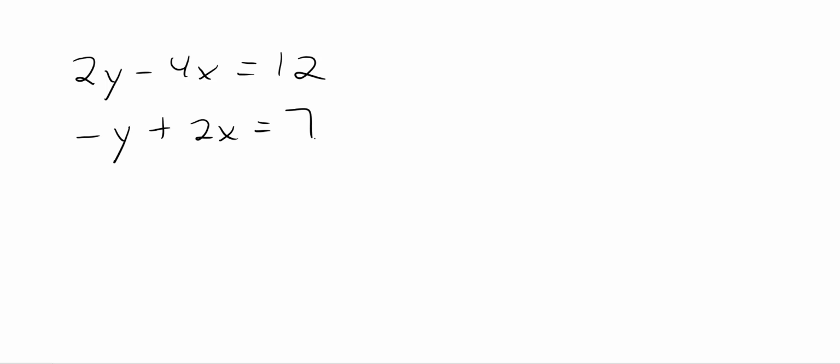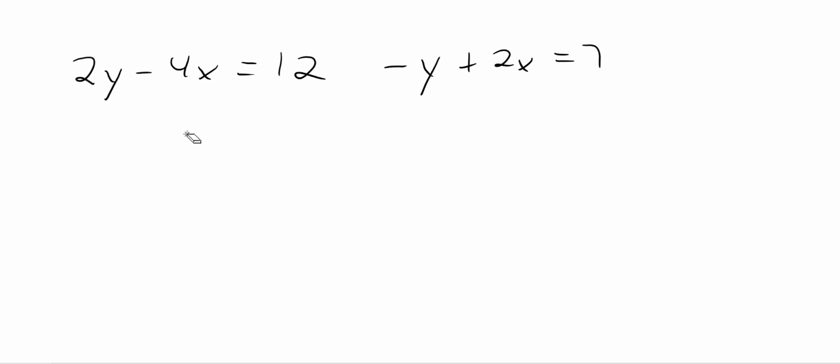So what I want to do is look at both these equations, but I need to solve. I like to have room underneath to solve. I'm going to solve for y for each of these.